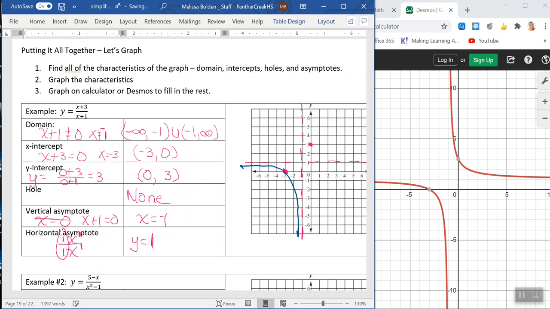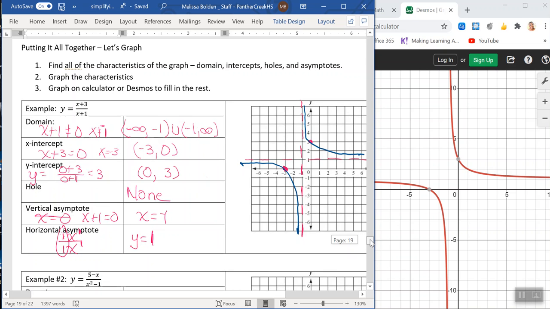And then on the other side, it crossed the y-axis and then it hovered around 1. So when you're graphing this, what I'm looking for is that it mirrors this, but also it's not crossing your vertical asymptote, and that you're showing me where it crosses the x and the y axis. Those are the kind of things that I look for when we're graphing this.